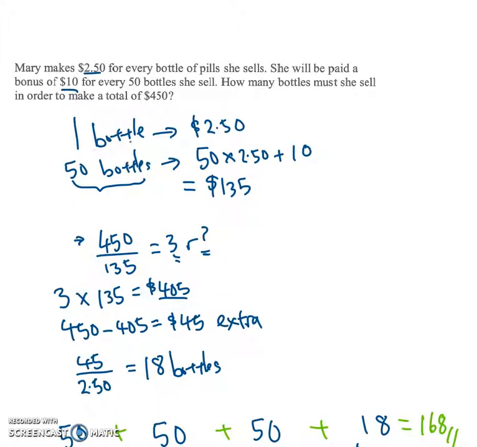So let's come back to this question again. First of all, 1 bottle is $2.50. 50 bottles is $135 including the $10 bonus. And then I know I need 450. So I need to know how many sets of 50 bottles I need to sell first. I can sell 3 rounds of 50 bottles, because by the 4th round I would be over 450.